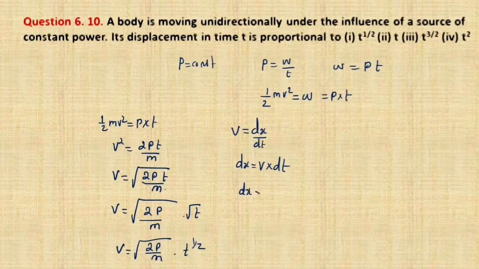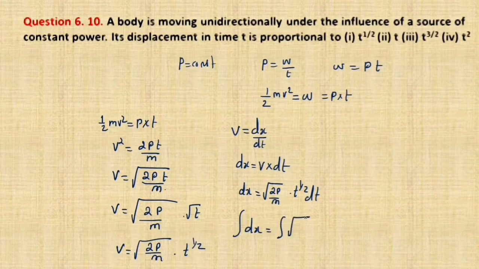So dx is equal to root of 2p divided by m into t to the power 1 by 2 into dt. So in order to find the total displacement in time t, we have to integrate this, right? So integral dx is equal to integral root of 2p divided by m into t to the power 1 by 2 into dt.